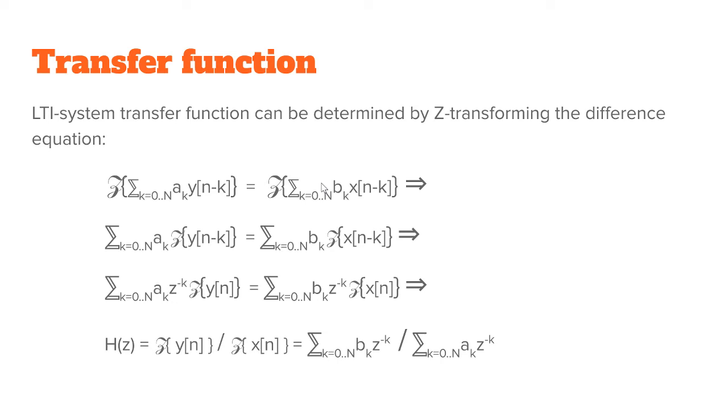So if we have this difference equation, the sum over index k from 0 to n of a_k, which is just a system coefficient or system parameter, or if it's a filter, then a filter coefficient, times y[n minus k], equals the sum over k from 0 to n of b_k times x[n minus k].